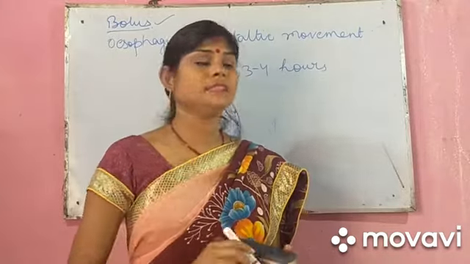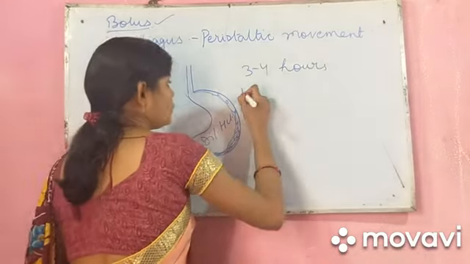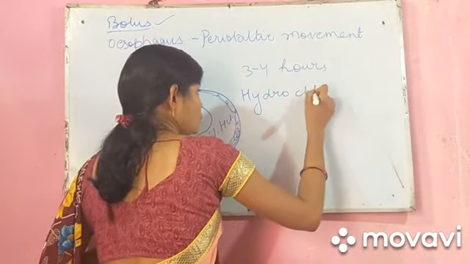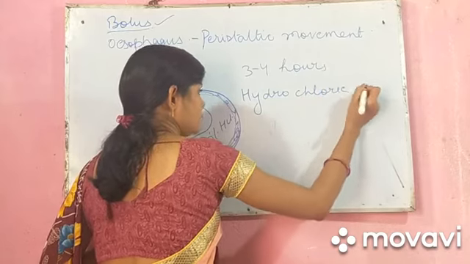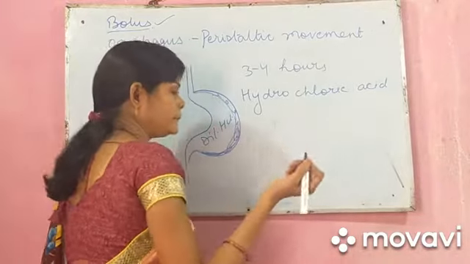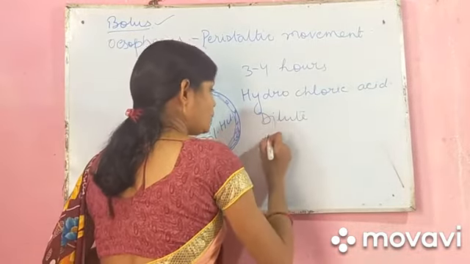HCl is an acid which is known as hydrochloric acid. Now acid is of two types, dilute and concentrated.